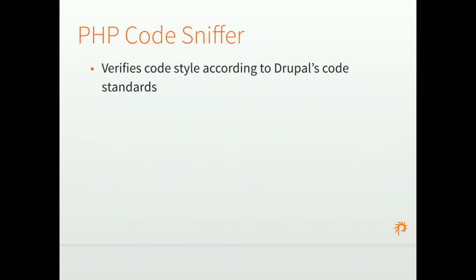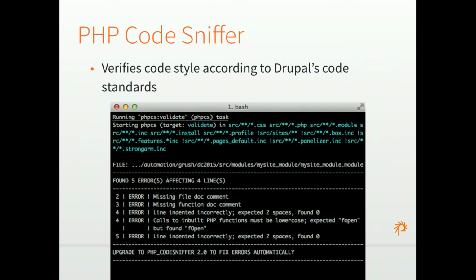PHP Code Sniffer is a little more nuanced, and that's really about code style. And so here is where we want to provide a way to run a code style checker that uses Drupal's code standards. So again, this is pretty much the same output that you get if you were running code review within a site or by Drush.